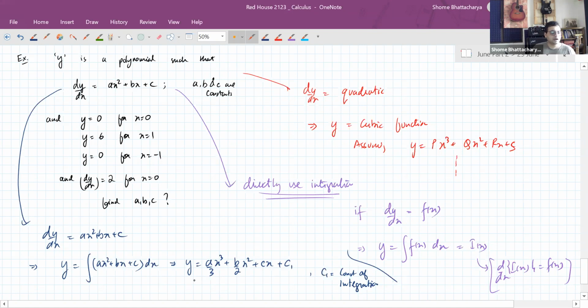So now the thing is how we'll find the values of each of these constants a, b, c, and c1 by using these conditions. Okay. So now we have to find not only a, b, and c, but also c1 to solve the problem entirely. Okay. So next, we have to solve for these, and for that we have to use each of these conditions which are given. Condition 1.